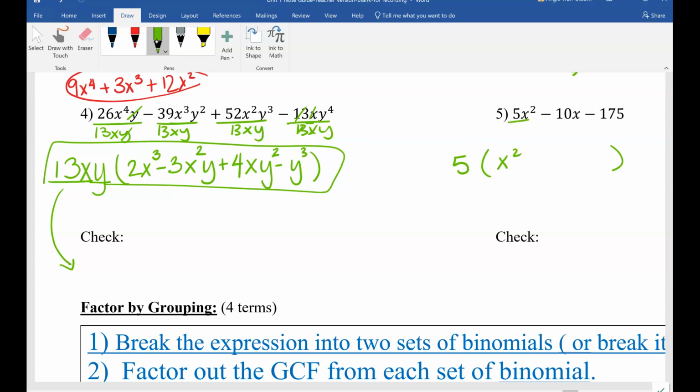So divide each term by 5. Okay, why don't you go ahead and get a head start to tell me what we have left over after we factor out a 5. Okay, hopefully you guys factor out a 5. We have x squared left minus 2x minus.